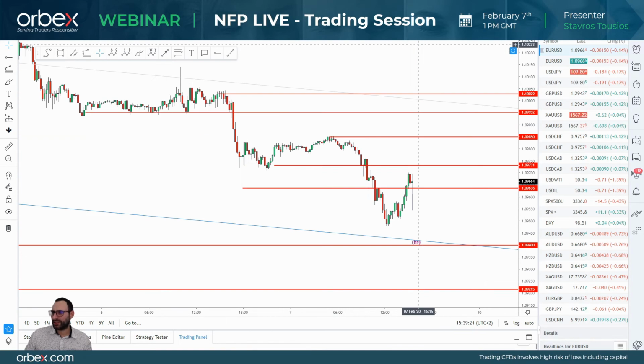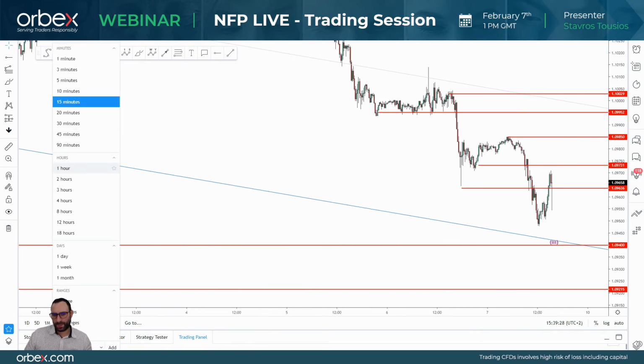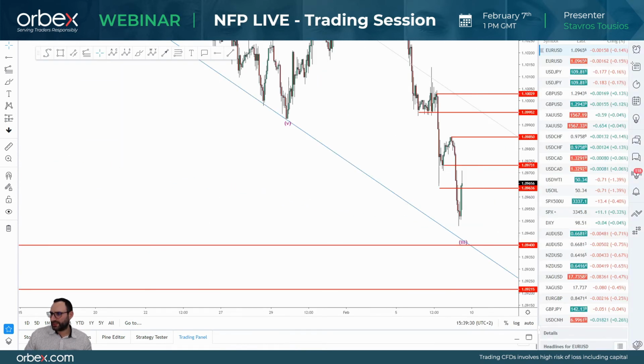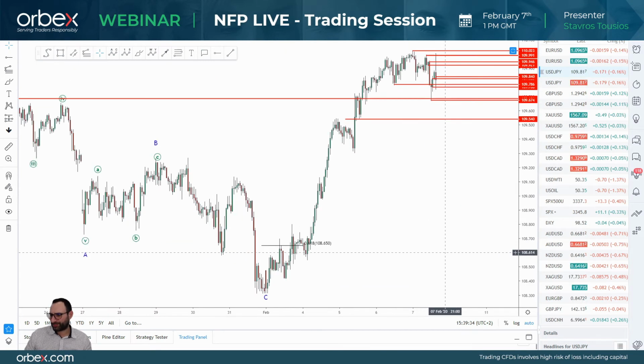And look at it a little bit deeper, okay? And see what we could potentially explore as an opportunity after the hourly close or even after the next hour's close, okay?